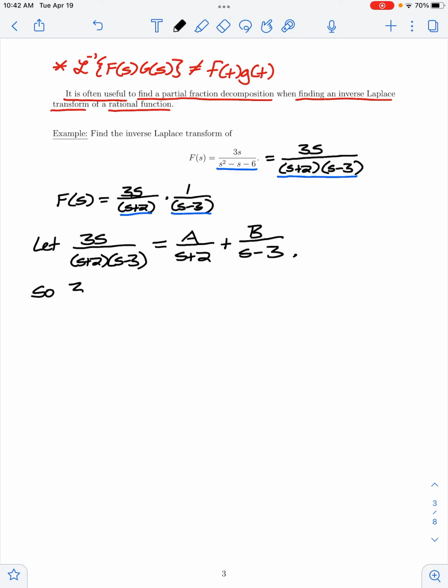And so to solve for a and b, I could multiply through by my common denominator, giving me 3s is equal to a times s minus 3 plus b times s plus 2.